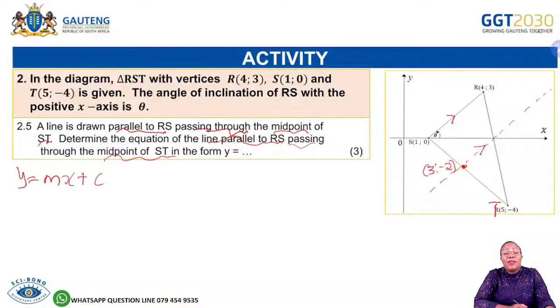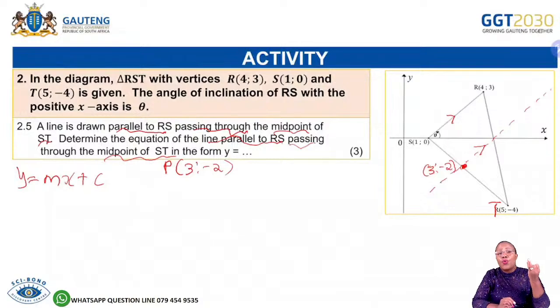Now to determine the equation of a straight line, you need a gradient and a point, right? With the point we are covered because this line is passing through that. So now we have a point which is 3 and minus 2. Happy? So we need a gradient of that particular line. According to our knowledge, if lines are parallel, their gradients are the same.